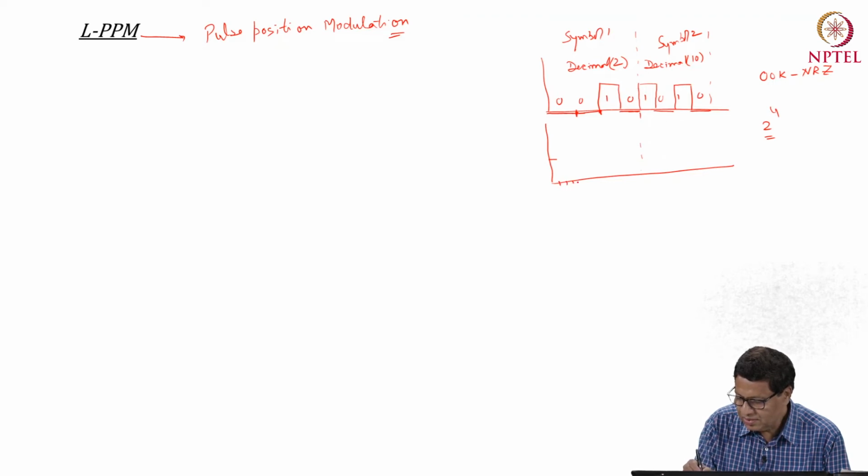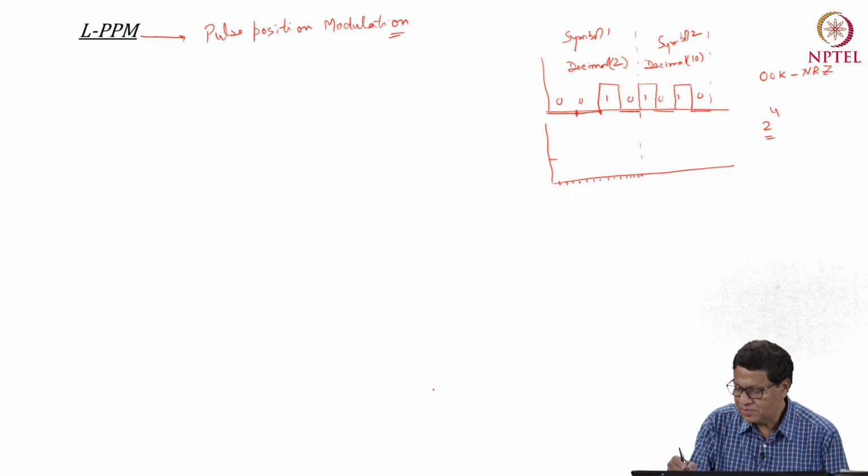1, 2, 3. So there are 16 parts of it. Similarly, I will do it here for the symbol 2. So this is 16 parts divided here.